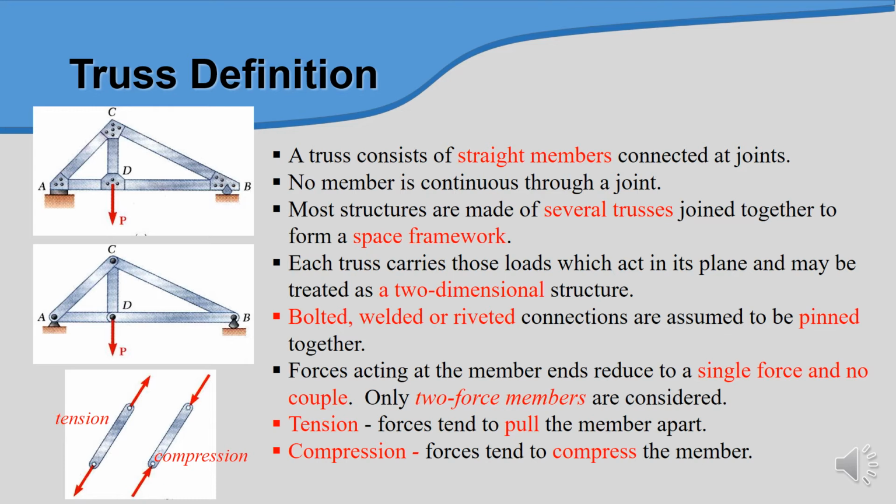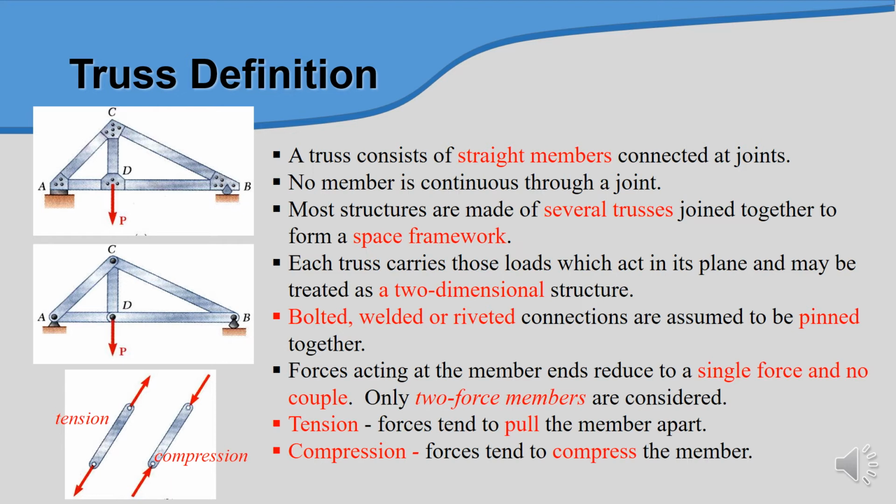So we have several triangles, A, C, D, and then we have B, C, D. So these two triangles join together to make a space framework. Each truss carries those loads which act in its plane and may be treated as a two-dimensional structure.